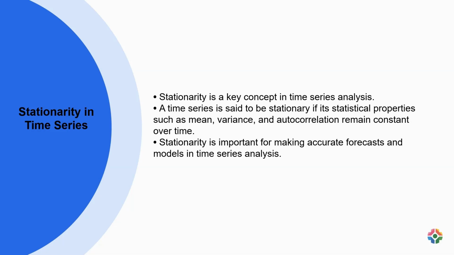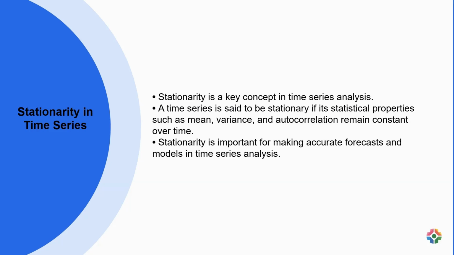Stationarity would imply that the statistical characteristics of the stock prices, like the average price and volatility, remain stable over the entire period. This stability is crucial for developing accurate predictions and effective risk management strategies in financial markets. Thus, ensuring stationarity is pivotal for yielding meaningful insights and informed decisions in time series analysis.